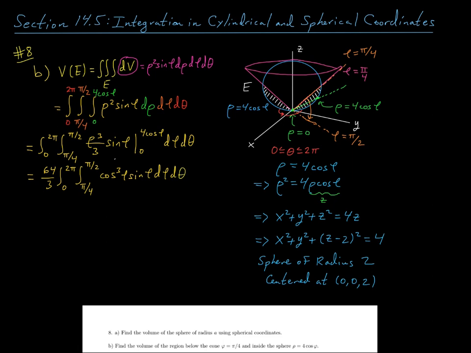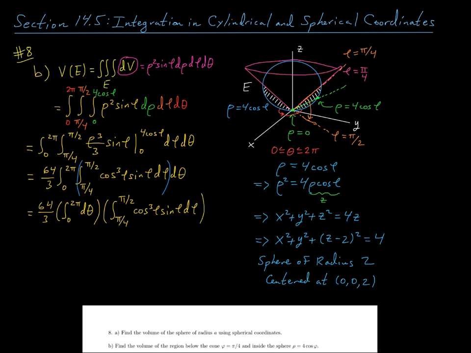And now, as we've seen many times, this phi integral is completely independent of theta. So if we like, there's a simplification step, we can go ahead and just pull that out of the theta integral. So in other words, we can split this up as the product 64/3 times this integral of just d theta from 0 to 2 pi, and then we have this integral in terms of phi. So this is cos cubed phi sine phi.